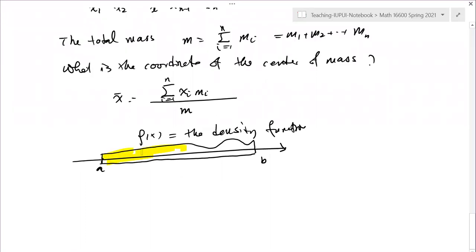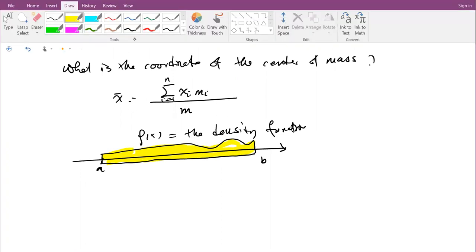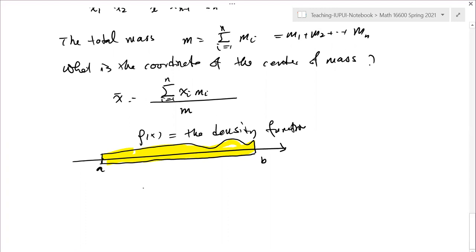This is a solid piece, but it's not uniform. Where's the center of mass? If the density function is constant, the middle point will be the center of mass, right? So this is x bar, the middle point. How to find the middle point? (a plus b) divided by 2, right?